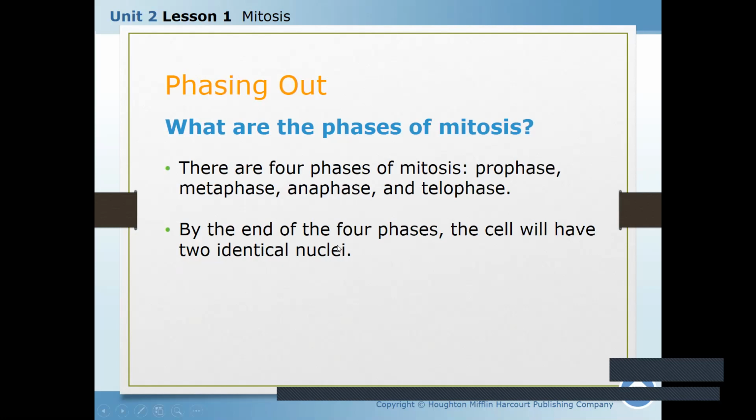By the end of the four phases, the cell will have two identical nuclei. Understood? They will have two exact same nuclei. Nuclei is the plural of nucleus. At the end of telophase, you will have two nuclei.